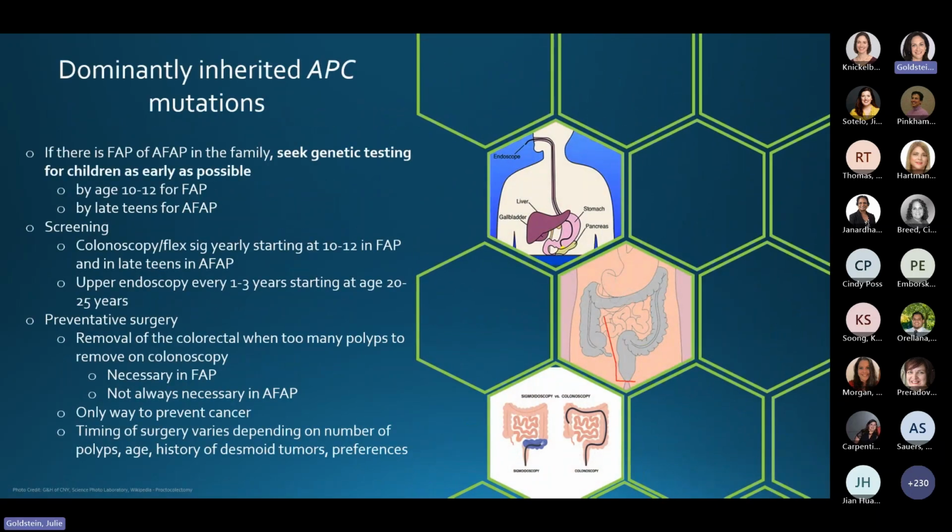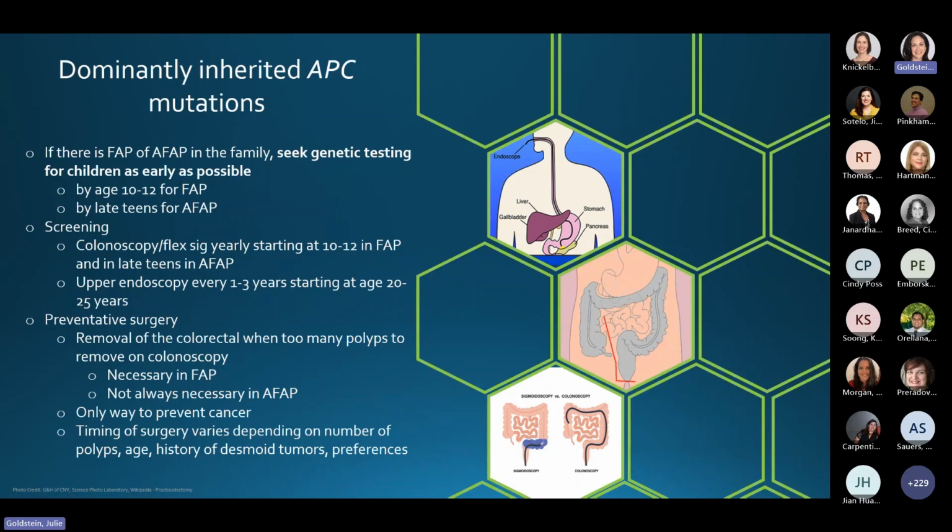As I mentioned, FAP is also a dominant condition, and different from Lynch syndrome, we know of only one gene involved, and that's the APC gene. I had mentioned before that the symptoms of FAP can develop in childhood. So we actually recommend genetic testing by age 10 to 12 for FAP, and by the teens for families where we know there's AFAP.